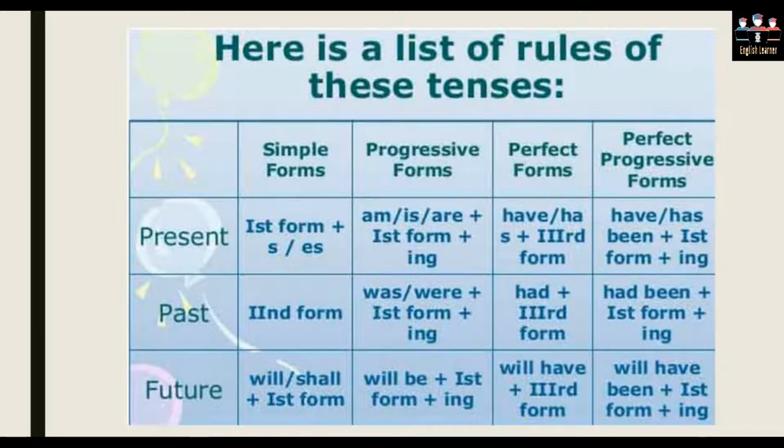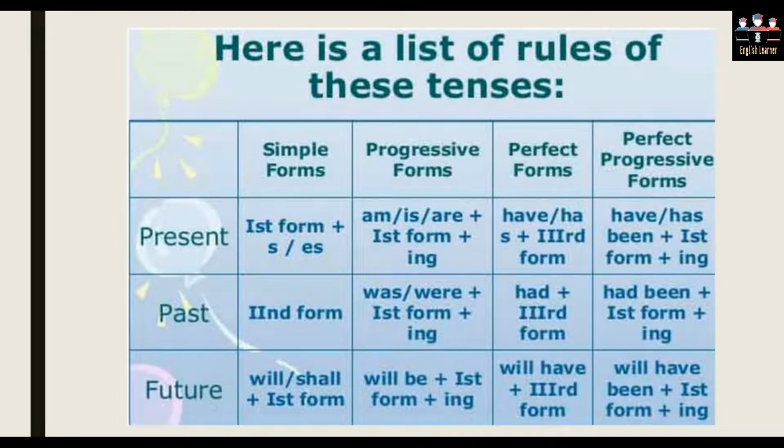Next is future progressive tense. In this category, we are going to use the first form of a verb with ing, and we have to use be with shall or will, depending upon your subject. It will look like will be and shall be.